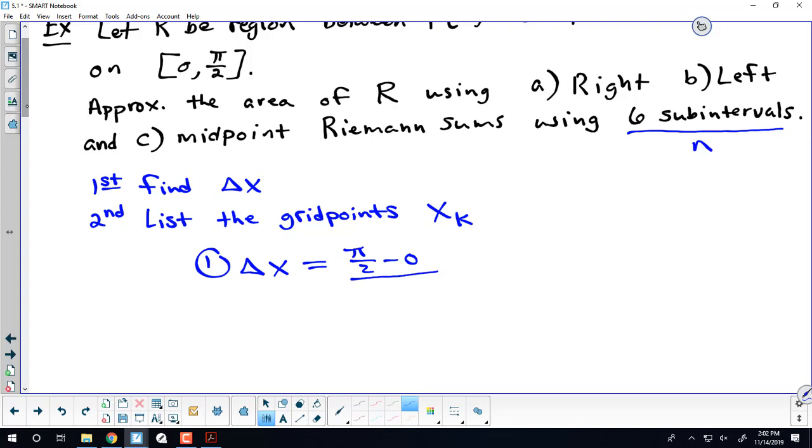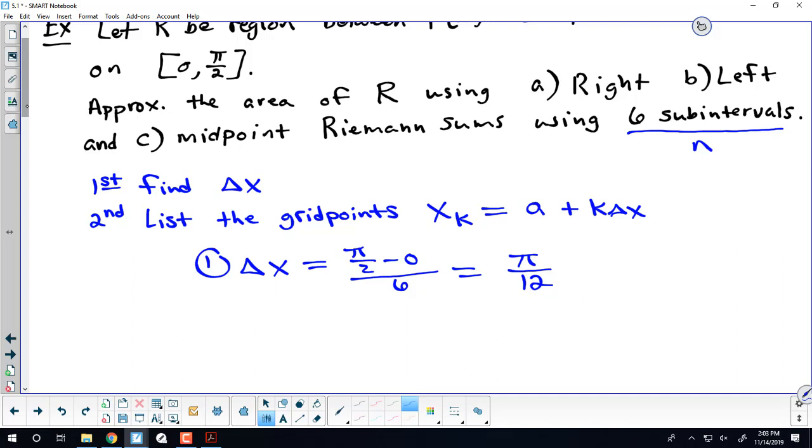So pi over 2 minus 0 divided by 6 gives us pi over 12. And we need delta x first if we're going to find the grid points, because the grid points also involve a delta x. So we find the delta x first, and then we can list out the grid points.